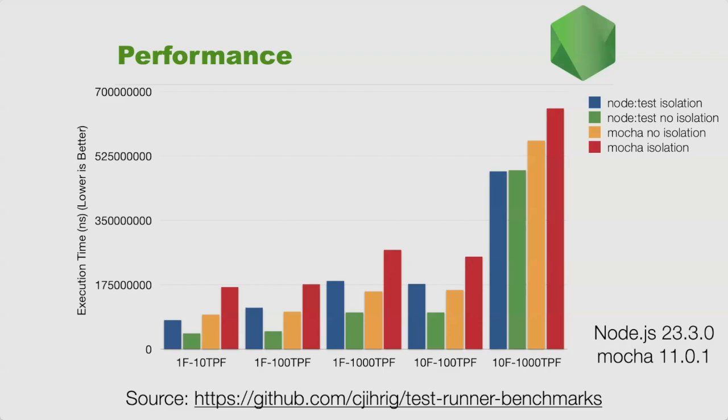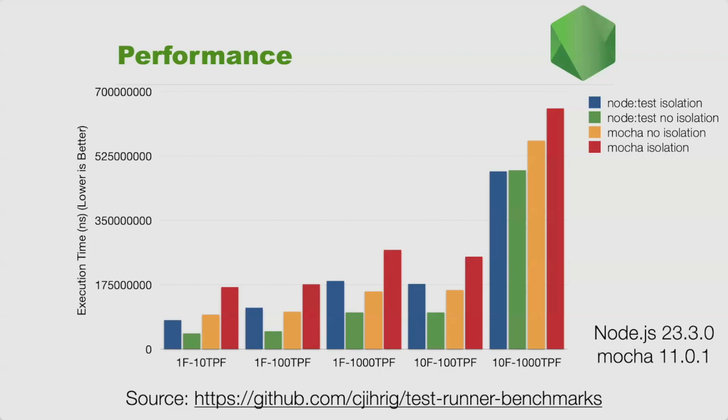So on the far left here, we have one file that only contains 10 tests. And on the far right, we have 10 files and each one contains 1,000 tests. So we're basically running a test suite of 10,000 tests. There aren't a lot of applications that I've seen out there that have 10,000 tests, so I think this is an accurate representation.